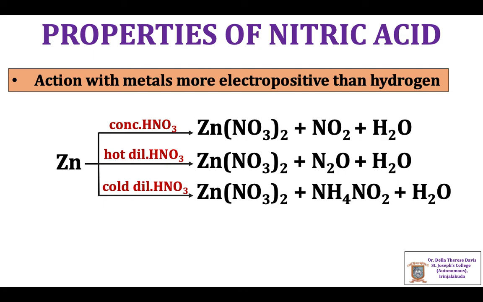For example, zinc reacts with concentrated nitric acid to give zinc nitrate and NO2. Zinc reacts with hot dilute nitric acid to give zinc nitrate and N2O. When zinc is treated with cold dilute nitric acid, zinc nitrate and ammonium nitrite are obtained.